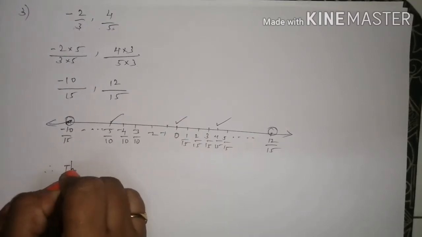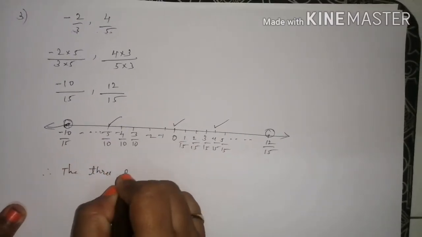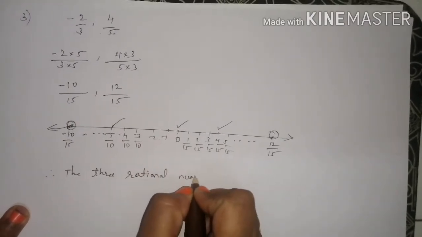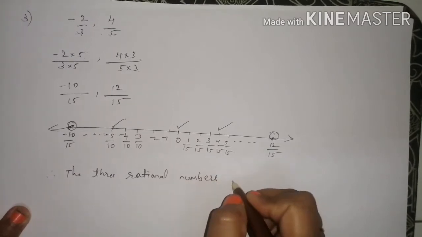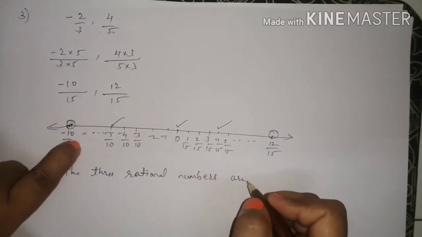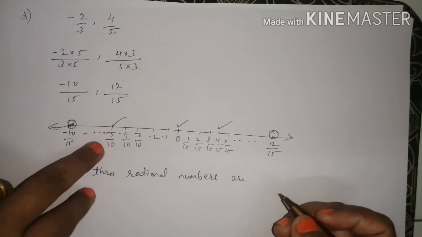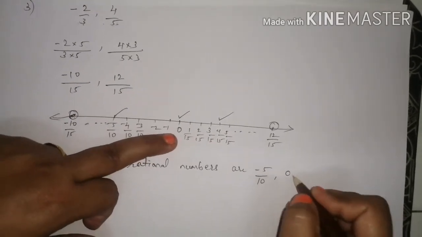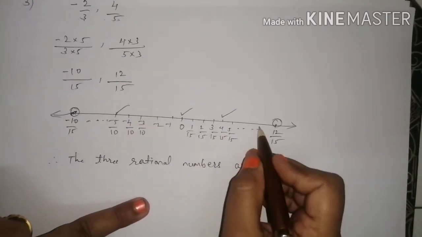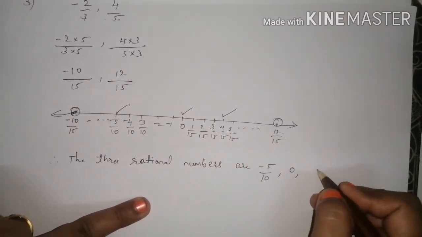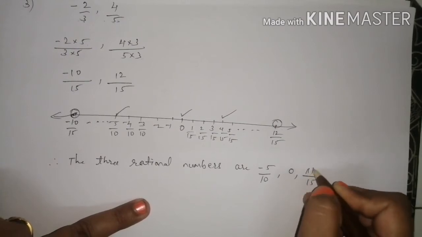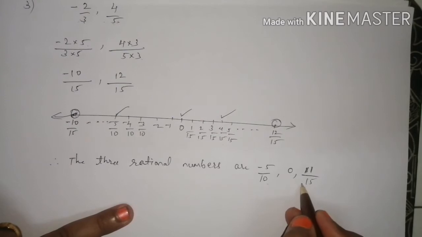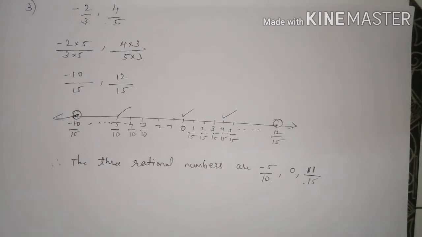Even minus 9 upon 15 you can take, or even 11 upon 15, any number, but it should be between these two numbers only. We want only three rational numbers, and we have taken three rational numbers.